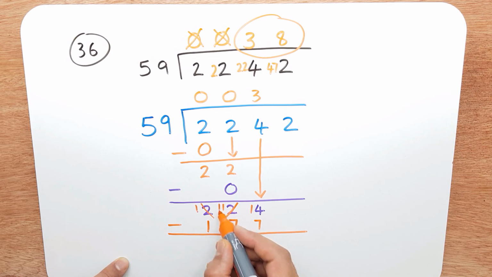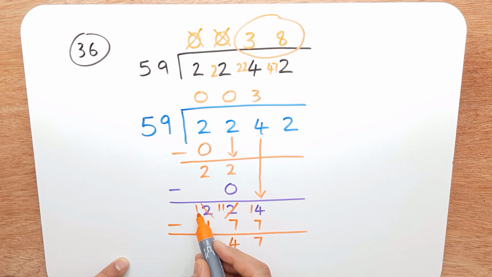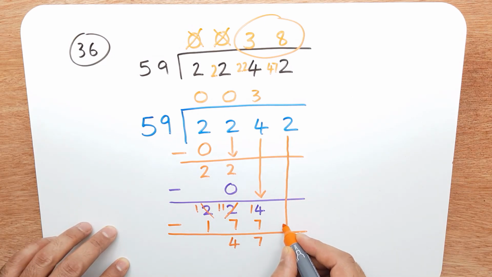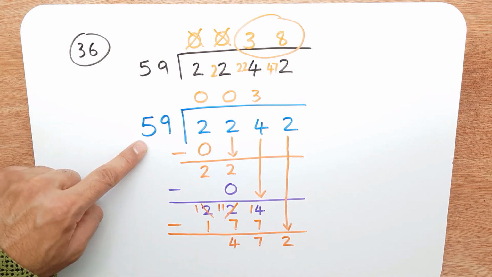That one becomes 11. 11 take away 7 is 4. And finally 1 take away 1 is 0. So our remainder is 47. And then we finally bring this 2 down as a helper. So now we have 472.